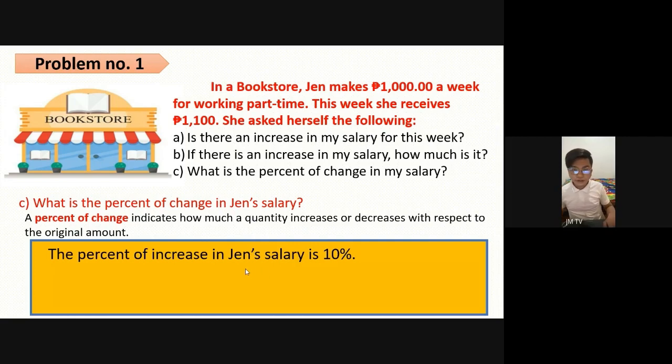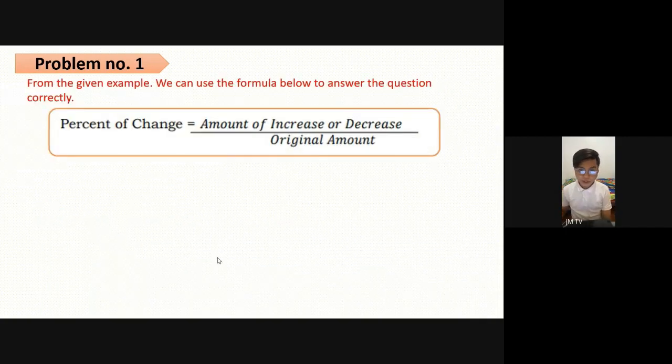How did we get the 10%? This is our formula. The formula will be percent of change equals amount of increase or decrease over original amount. This will be the formula to get the percent of change. When it is over, it means we divide. So what are the given facts in the question? Amount of increase is equal to 100 and the original amount is 1,000. We will just substitute those into our formula.